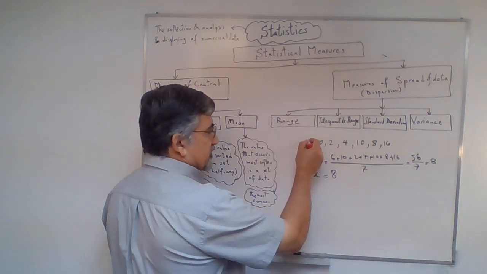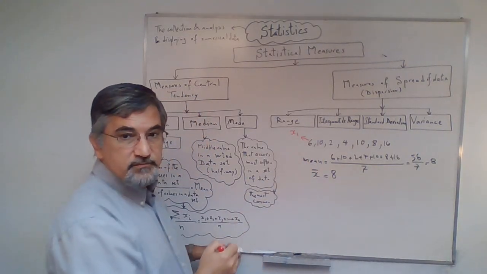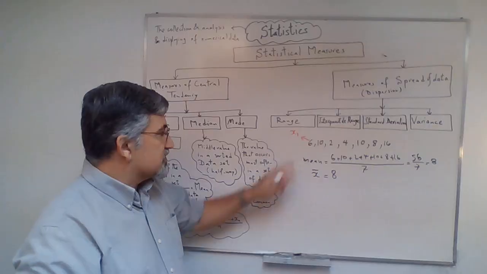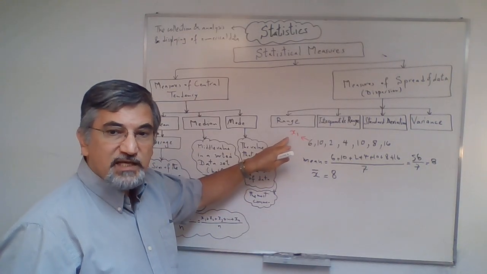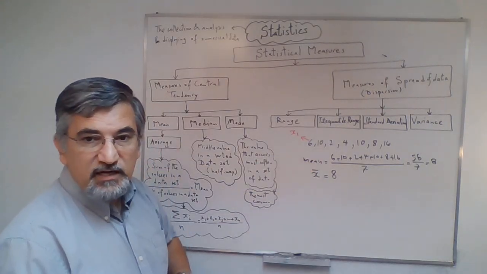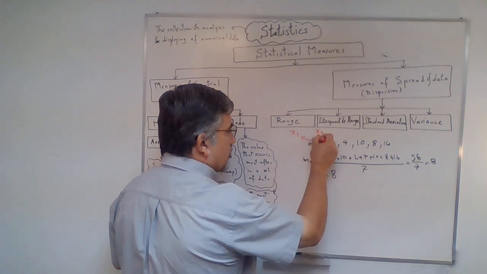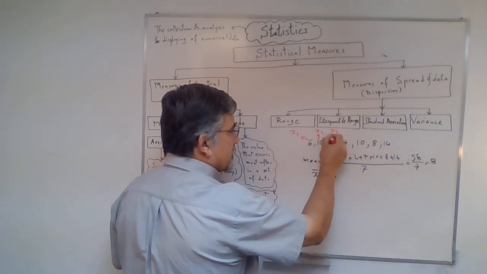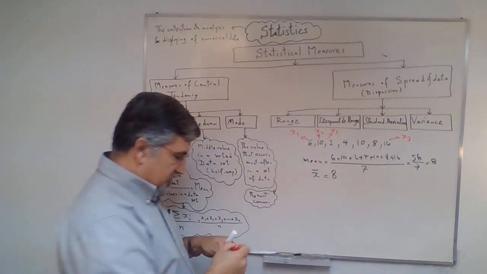For example, the first data value would be X sub 1. Okay, that 1 is called a subscript or an index. It's written smaller in size at the bottom right corner of the letter. X sub 1 equals 6. The second data value is 10, so that will be X sub 2. Okay, X sub 3 is 2. And finally, X sub 7 is 16.